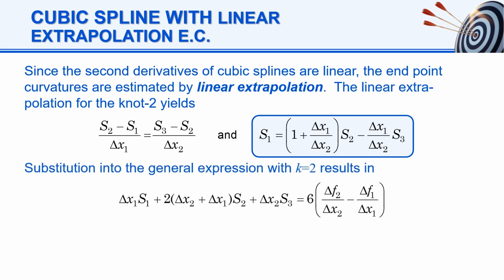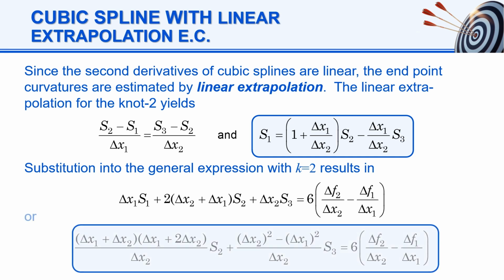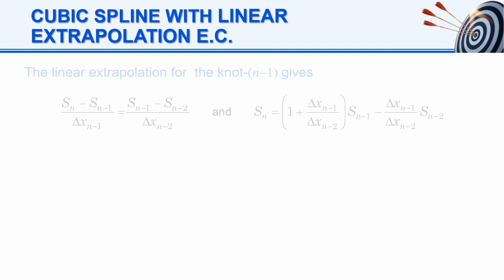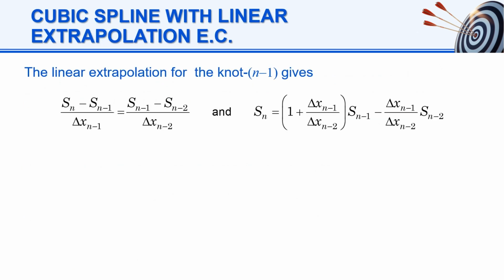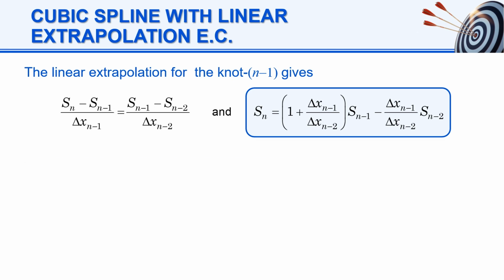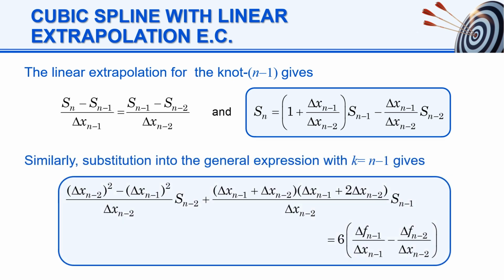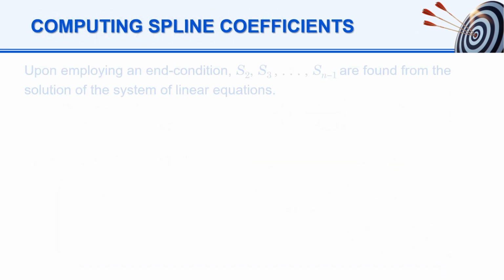Substituting S1 into the equation derived for k equals 2 in the general expression gives the following equation. Applying the linear extrapolation for the knot number n-1 gives. Similarly, substitution into the general expression with k equals n-1 results in the following equation.